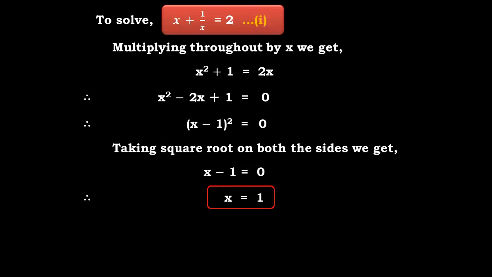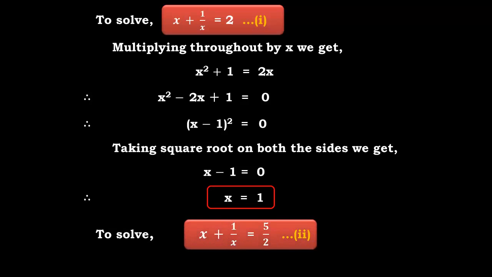Next, we have to solve x + 1/x = 5/2, equation number 2. Now for that, multiplying throughout by 2x, we get 2x² + 2 = 5x. So 2x² - 5x + 2 = 0.